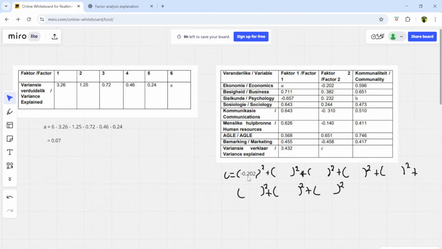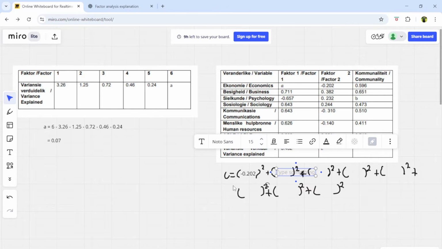So it's gonna be minus 0.202 squared, and then 0.382, no, not minus, positive 0.382, also in brackets.